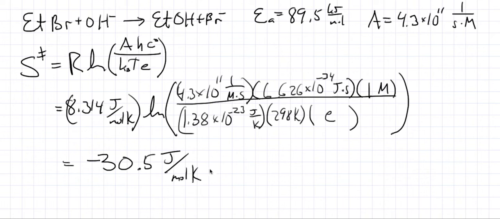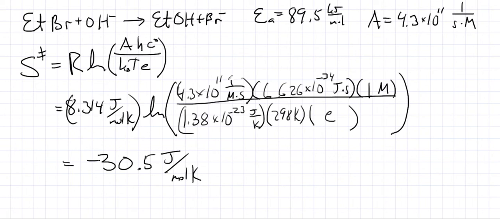So this means the entire system of solvent plus reactants has more entropy than the entire system of solvent plus transition state. But in any case, we can see that when we went up to the transition state, our entropy went down. So not only did we have to pay an enthalpic cost to make a transition state, we also had to pay an entropic cost.